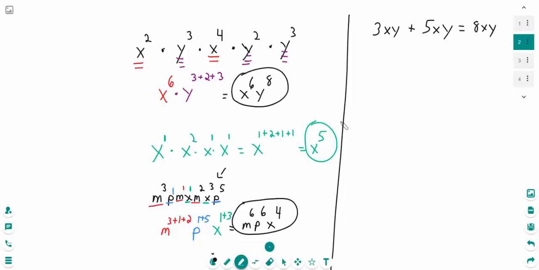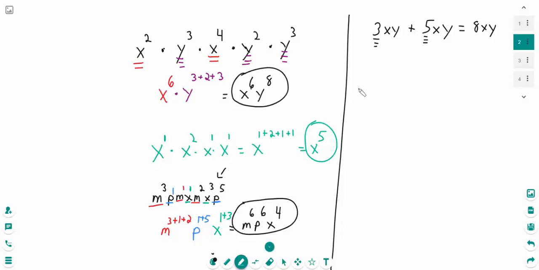Now, just so that you don't get confused, just keep this organized in your mind. Notice that we're adding here, so we don't care about the exponents. The exponents stayed the same. As a matter of fact, the variables stayed the same. We had an x and y in all of them, and the answer has an x and y in it. The only thing that changes when we're adding are the coefficients.